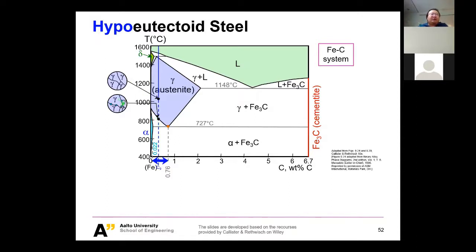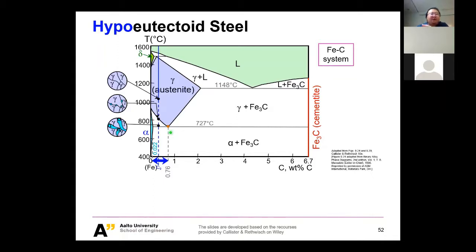You can see this alpha is nucleating here, and the gamma will remain there according to the lever rule. At the final point, before you enter the eutectoid temperature, you have the maximum amount of alpha, and you have also the remaining as gamma.